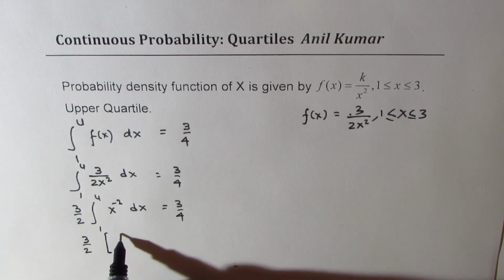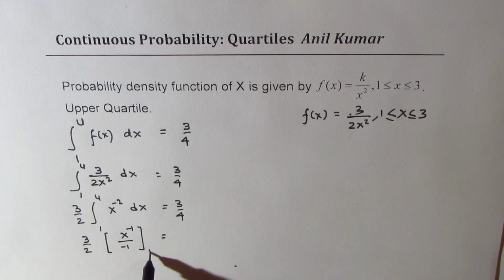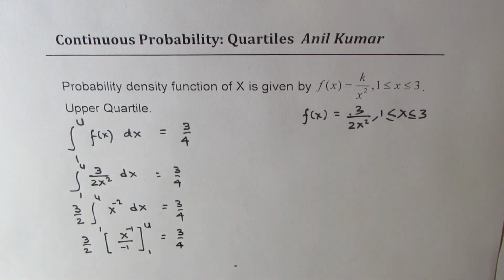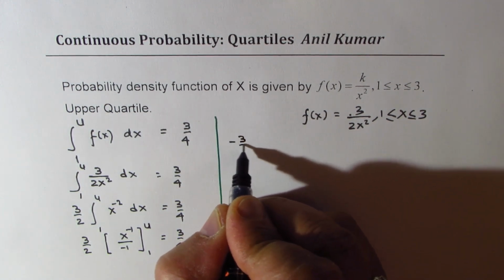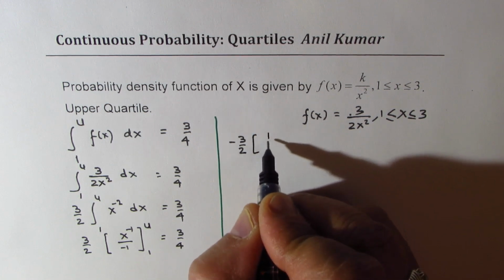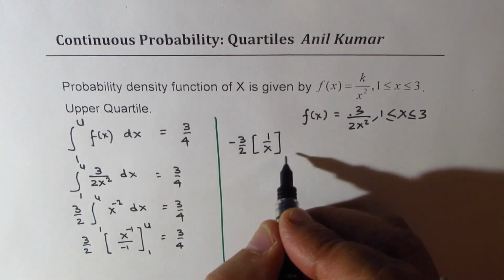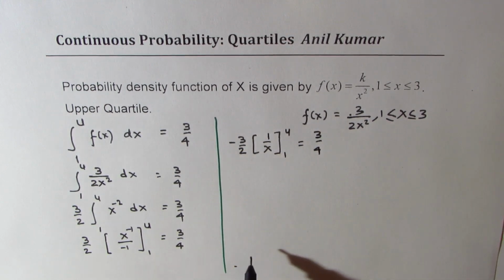You could write this as x to the power of minus 1 over minus 1, from 1 to the upper quartile u, 3 over 4. And now let's calculate the value of u. Taking this minus outside, it is better to write this as minus 3 over 2, 1 over x, since x to the power of minus 1 is 1 over x, from 1 to u, should be equal to 3 over 4.